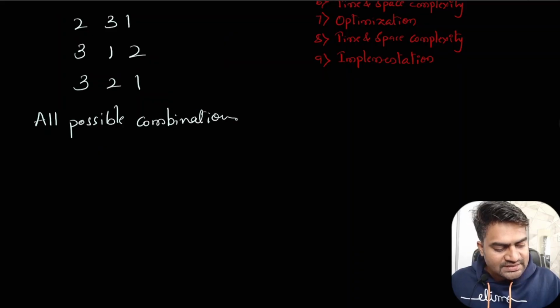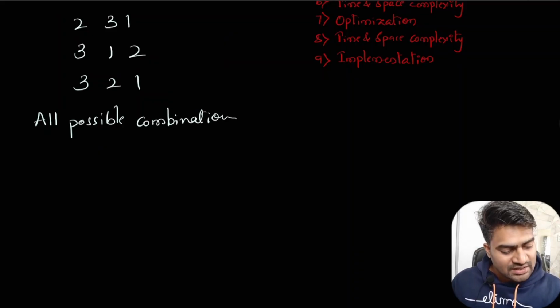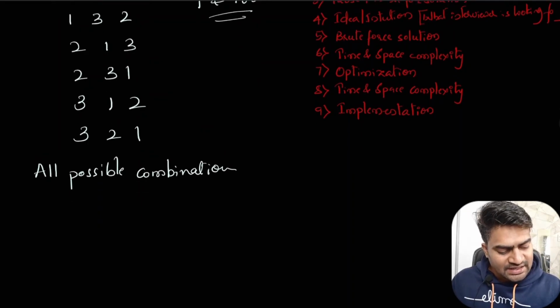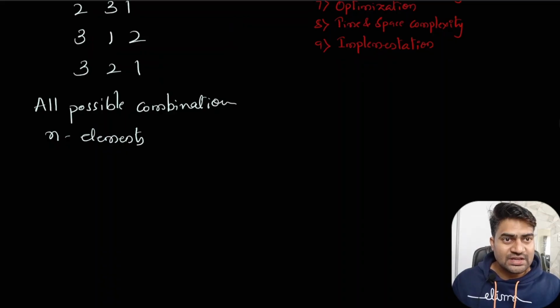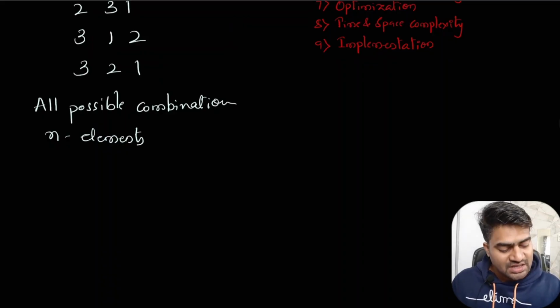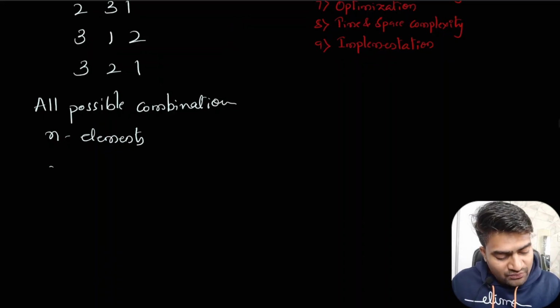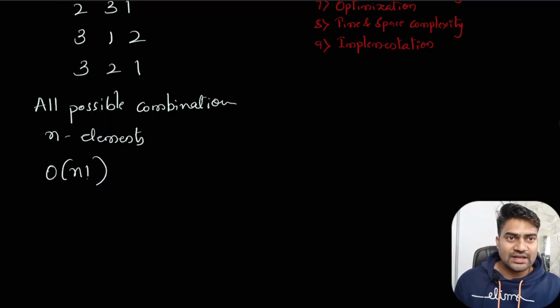So if that is the case, assume there are n elements in the array, then to generate all the possible combinations, we need order of n factorial.